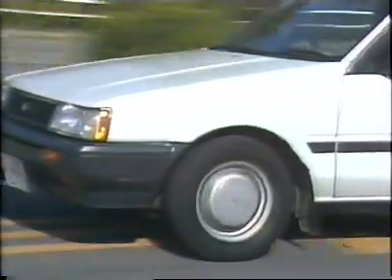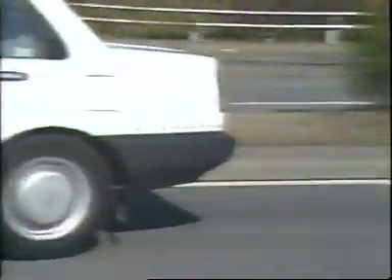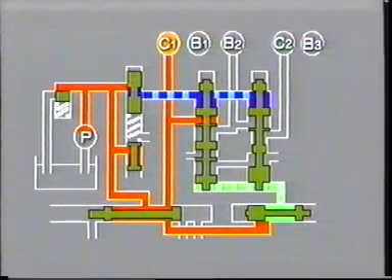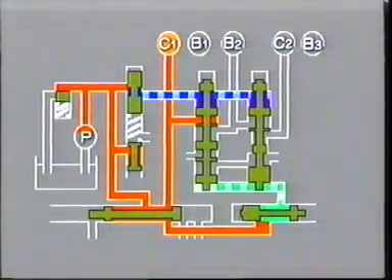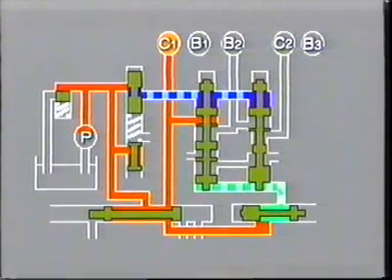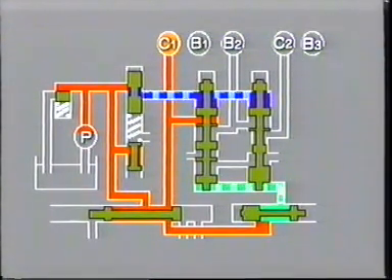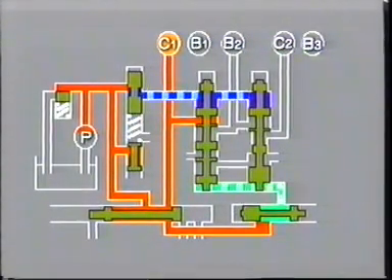As the vehicle's speed increases, the governor pressure, acting on the lower end of the shift valves, gradually increases. When the governor pressure becomes larger than the throttle pressure acting on the upper end of the 1-2 shift valve, the 1-2 shift valve is pushed upward by governor pressure.